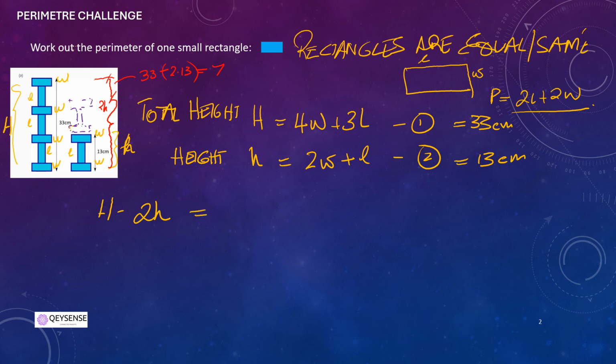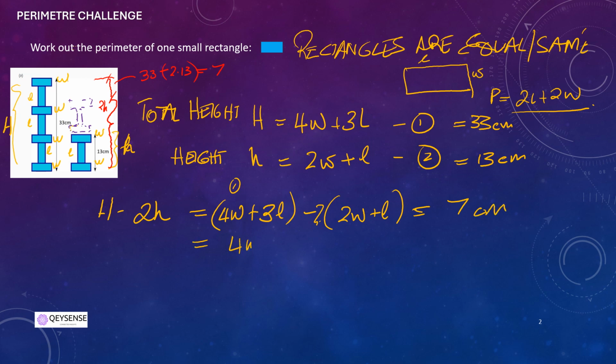H is equation 1, which is 4W plus 3L, minus 2h, and h is equation 2, which is 2W plus L, so 2 times 2W plus L. So we get 4W plus 3L minus 4W minus 2L.